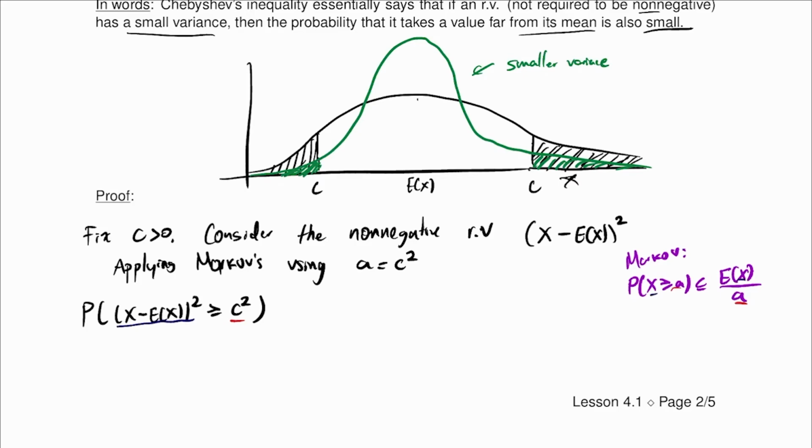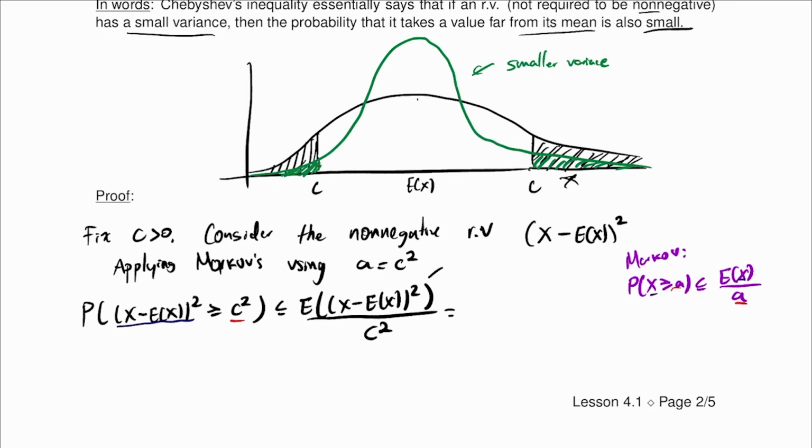This is our X. So this is less or equal than the expected value of (X minus the expected value of X) squared over c squared in this case.